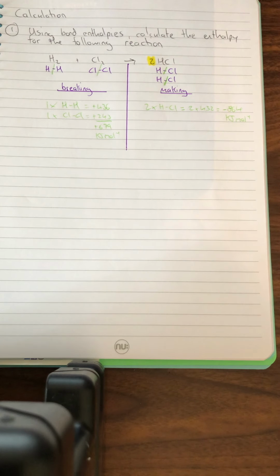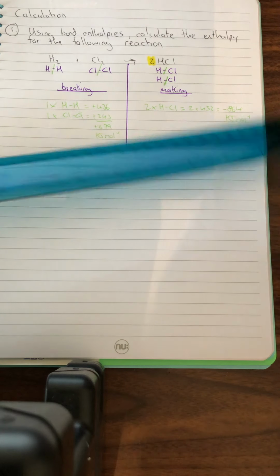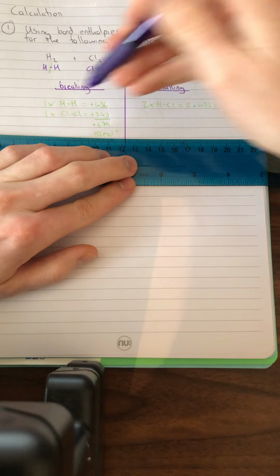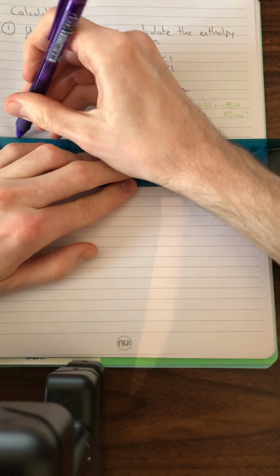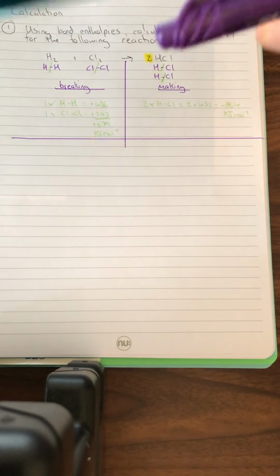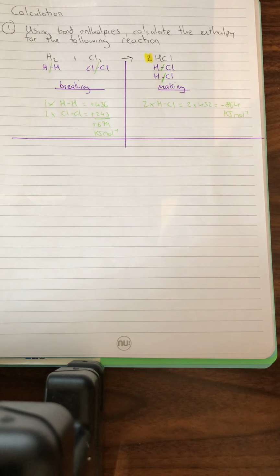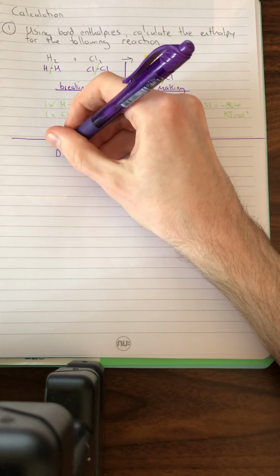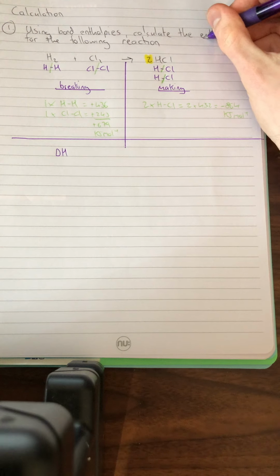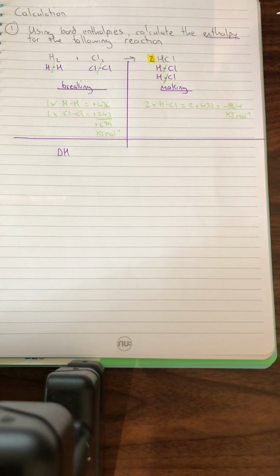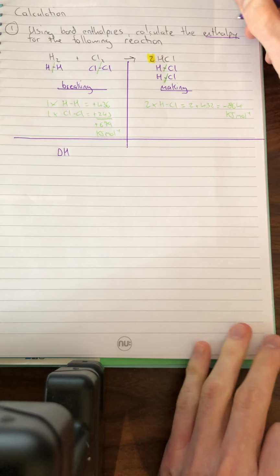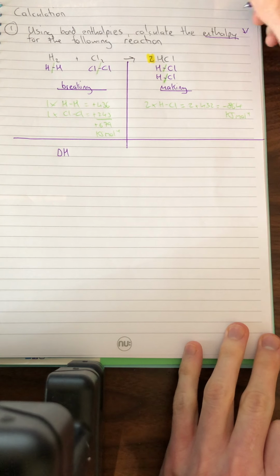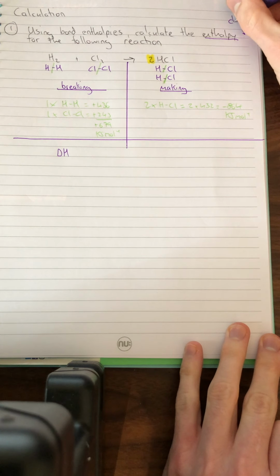Okay, and then once you've done that, you're pretty much there. Just draw a line, and to get your delta H, to get your enthalpy change, oh sorry, the question should be calculate the enthalpy change.